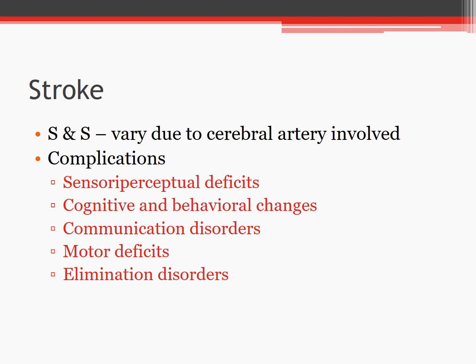So that is what we mean by contralateral. Their motor disruption can range from weakness all the way to paralysis. It just depends on the artery that's involved, and it also depends on the extent of the circulation of the cerebrum that was actually compromised.